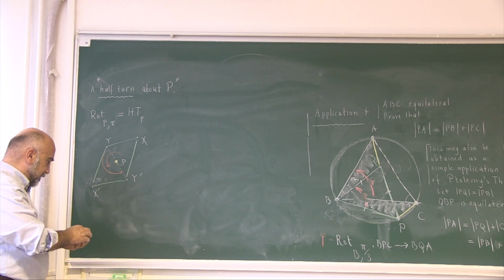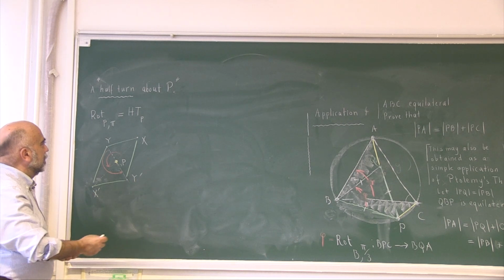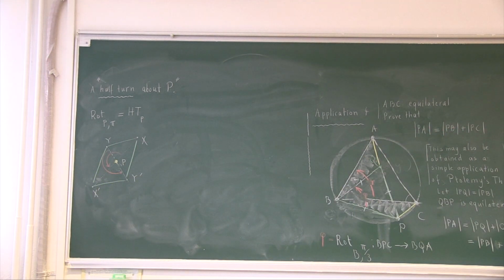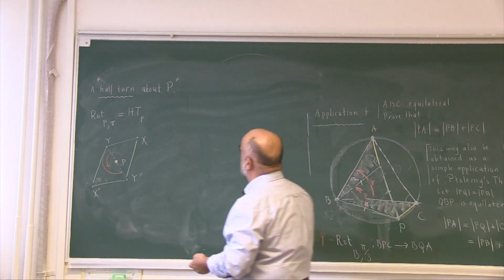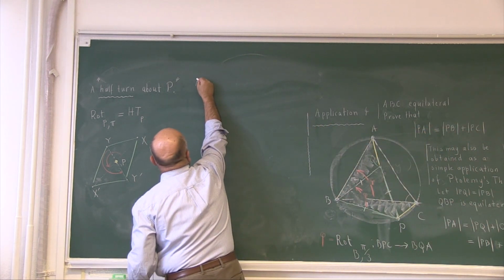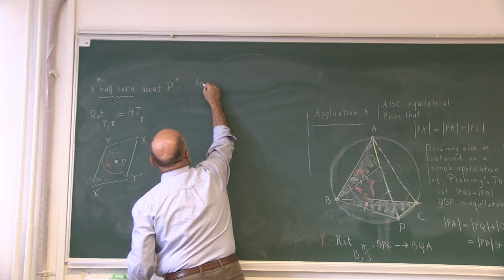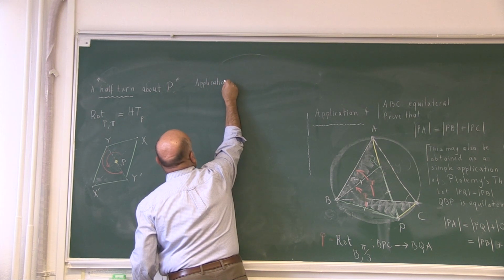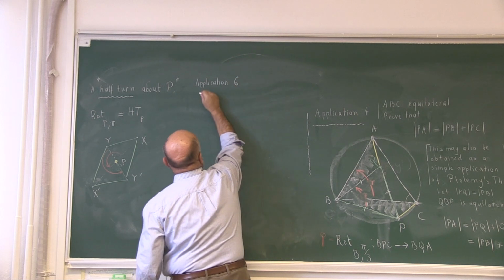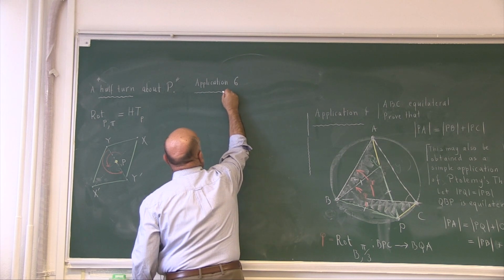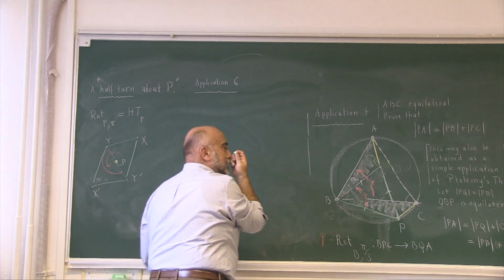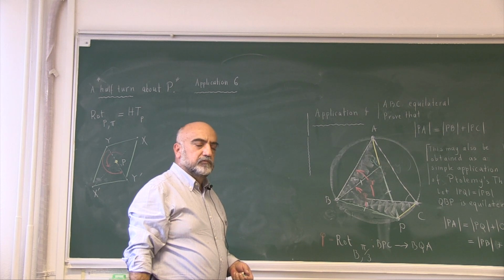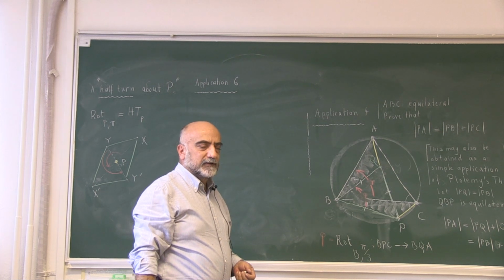Now I would like to present you a theorem which is my fourth, fifth, sixth application, let's say. Application number six. This is in fact a rather useful result, and it is a rather beautiful generalization of the triangle inequality actually.